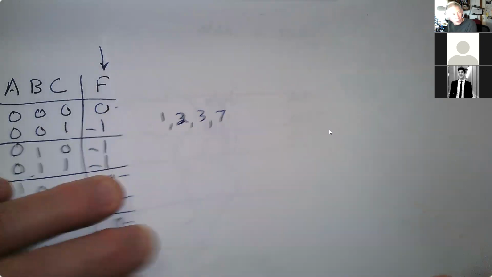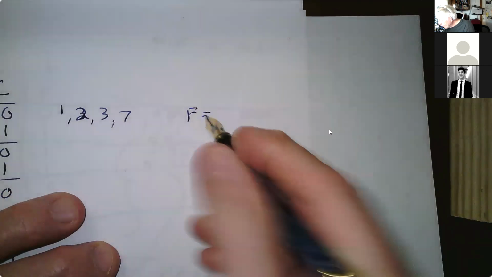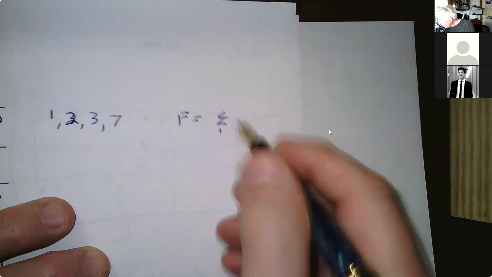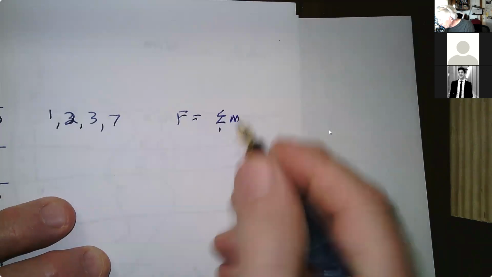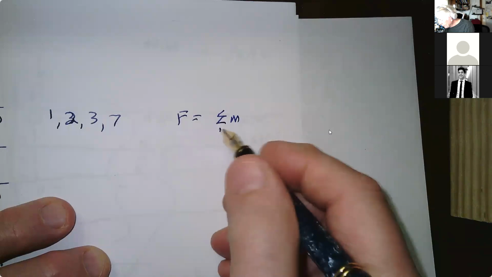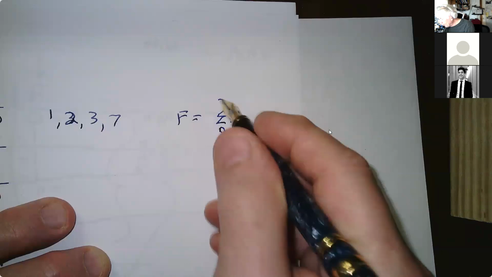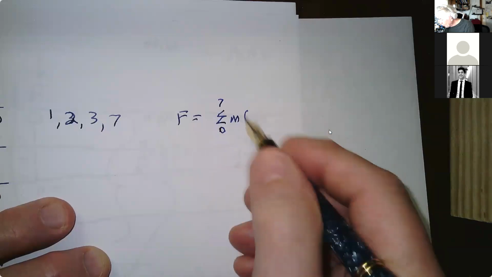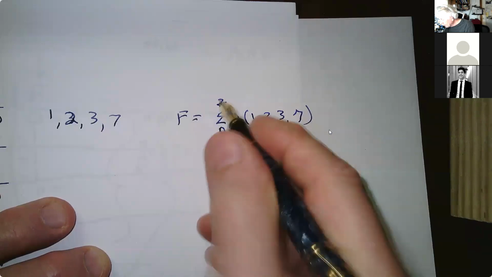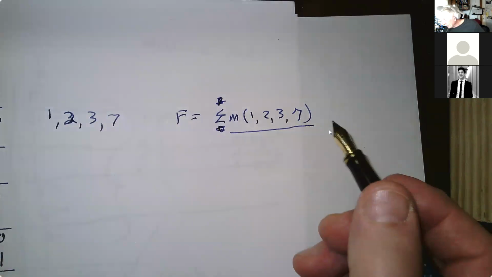And so I write F equals the sum of the min terms. Obviously in this case we sum from 0 to 7, but we only want min terms 1, 2, 3, and 7. So we don't write the others in.